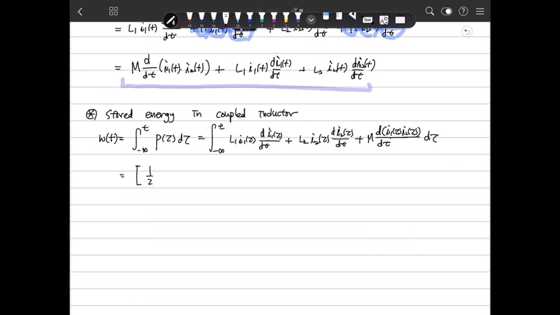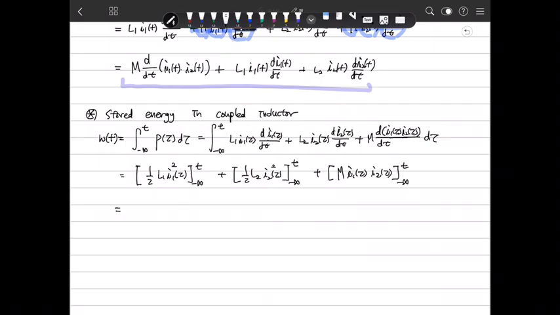So that will be half L1 I1(tau) squared from minus infinity to t, plus half L2 I2(tau) squared from minus infinity to t, plus M I1(tau) I2(tau) from minus infinity to t.